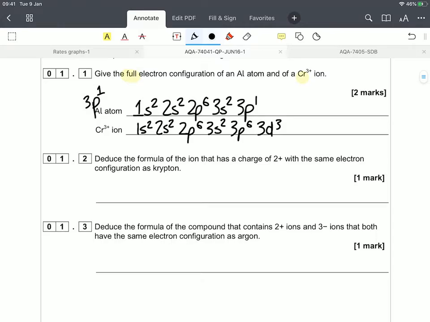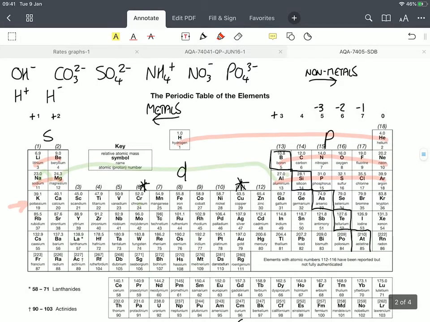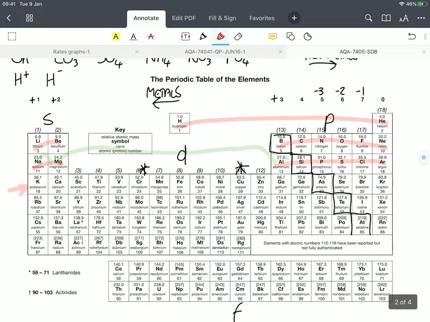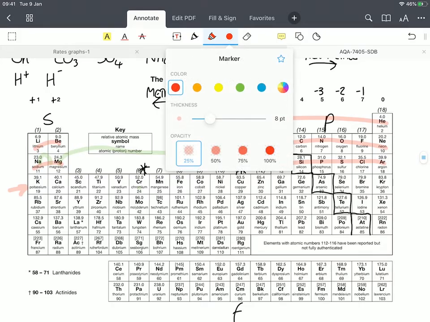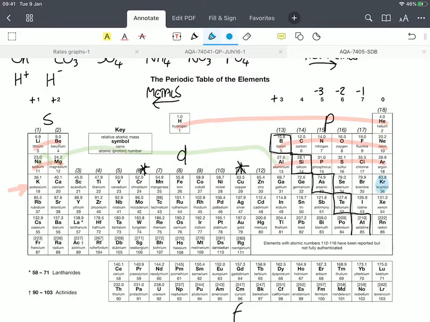Deduce the formula of the ion that has a charge of 2 plus with the same electron configuration as krypton. Back to the periodic table. So, the action here is focused on krypton, and what it's saying is find something that's got the same electron configuration as that.